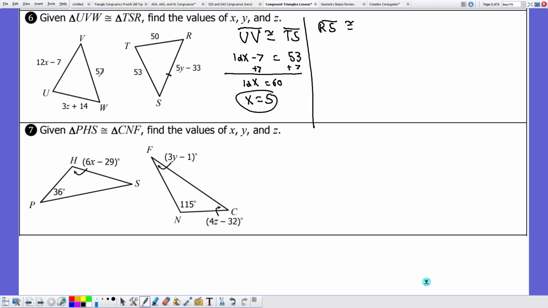So these two sides are the same, and we just substitute in our values. 5y minus 33 is equal to 57. Adding 33 on both sides, we get that 5y is equal to 90, and that y is equal to 18.